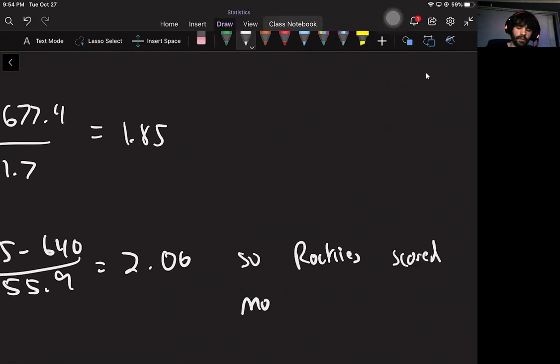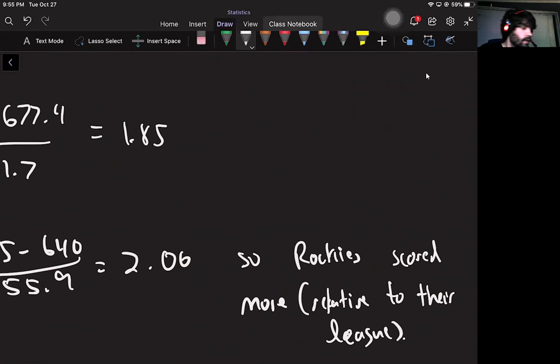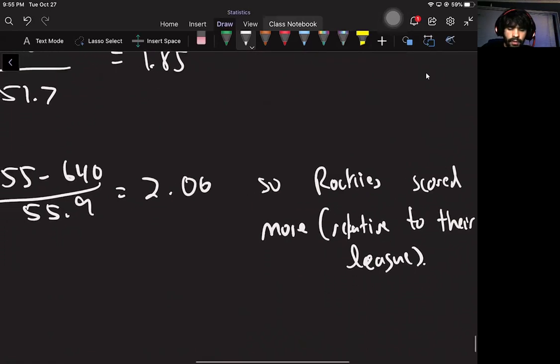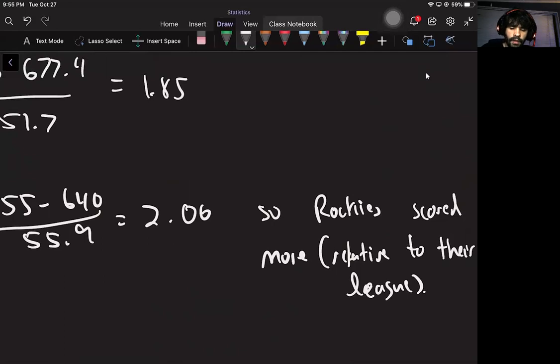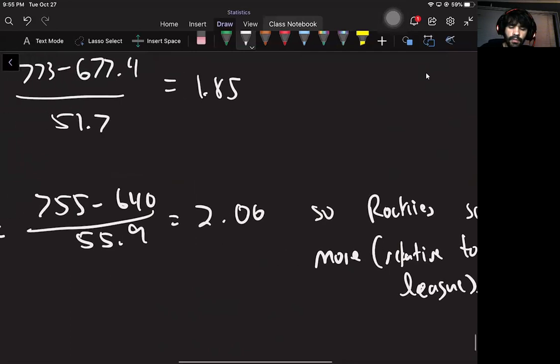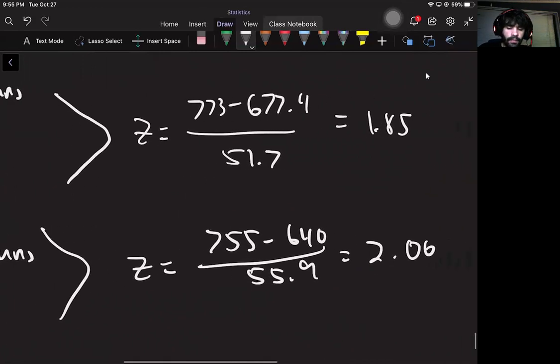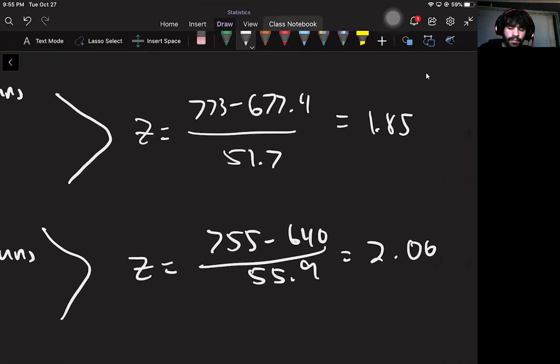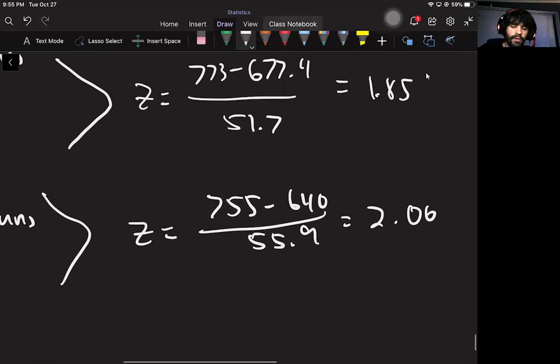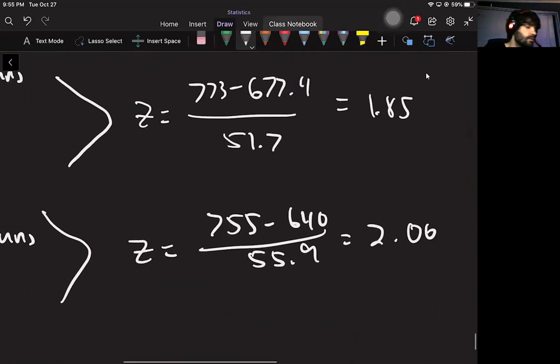They didn't actually score more, but they scored more relative to their league. And that lets us still compare, even though they're not in the same league. We can think of the Rockies as scoring more than the Angels because they were in a league that on average scored less, but they were further away from that average than the Angels were from their average.